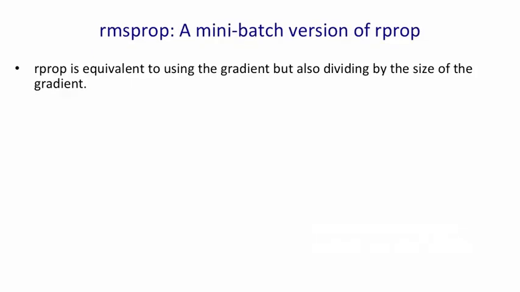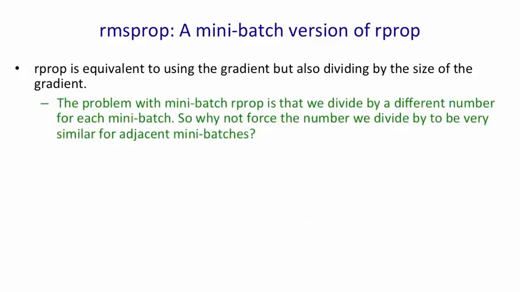That leads to a method which I'm calling RMSprop, and you can consider it to be a mini batch version of Rprop. Rprop is equivalent to using the gradient, but also dividing by the magnitude of the gradient. And the reason it has problems with mini batches is that we divide the gradient by a different magnitude for each mini batch. So the idea is that we're going to force the number we divide by to be pretty much the same for nearby mini batches.